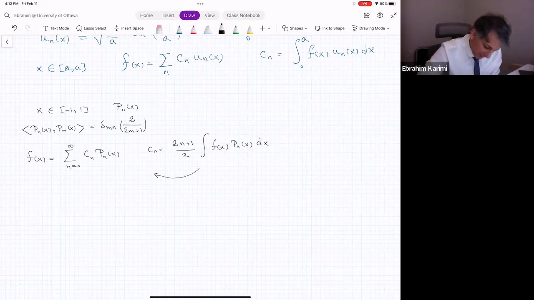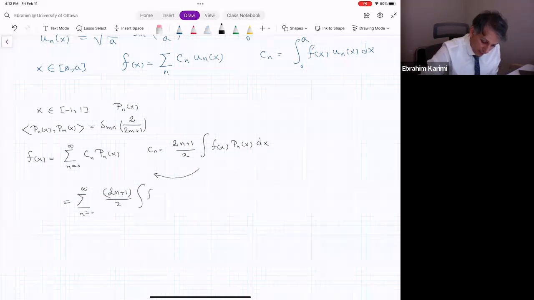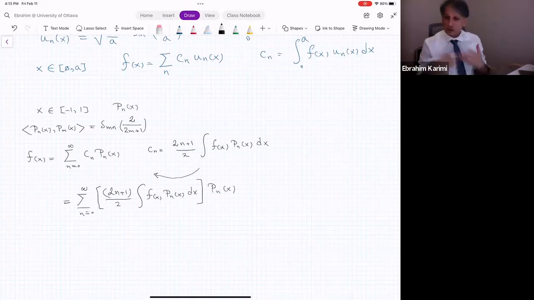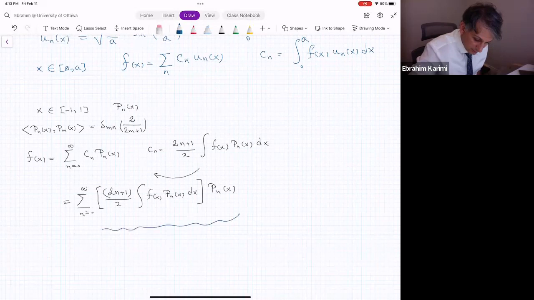So if I replace Cn here, then I will get the sum over n from 0 to infinity of (2n+1)/2 times the integral of f(x) Pn(x) dx. Remember, that's just the coefficient multiplied by Pn(x). This is true and only true when this relationship is satisfied.